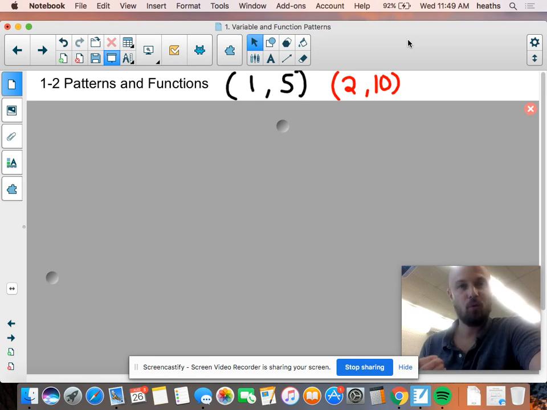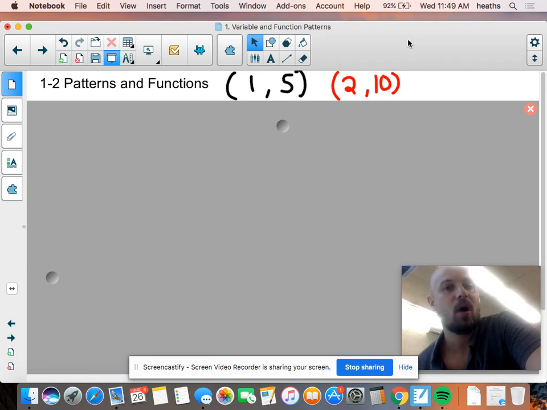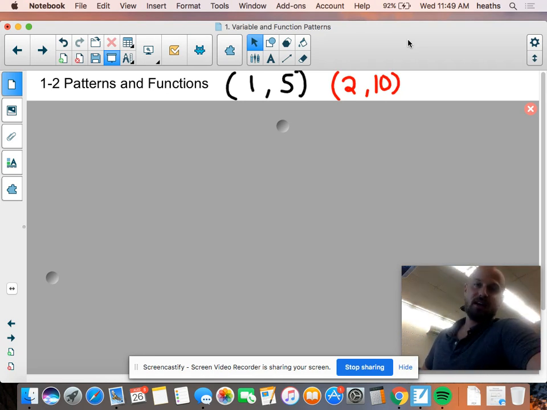The first number is called the X value or the input value, and the second number is called the Y value or the output. So in this number set, 1 is X and 5 is Y.